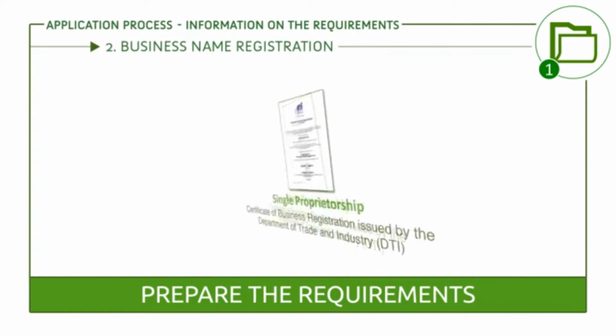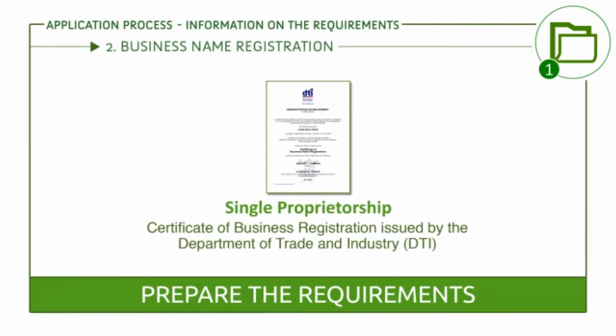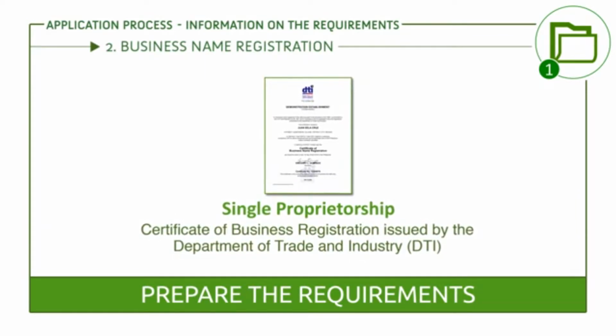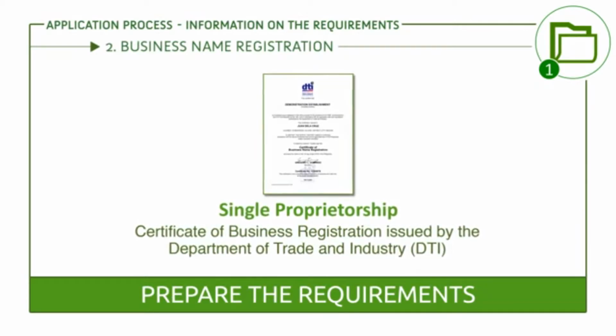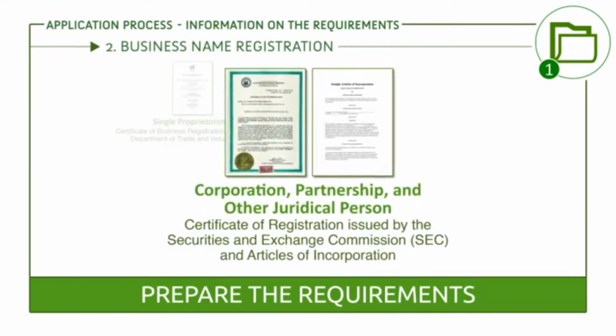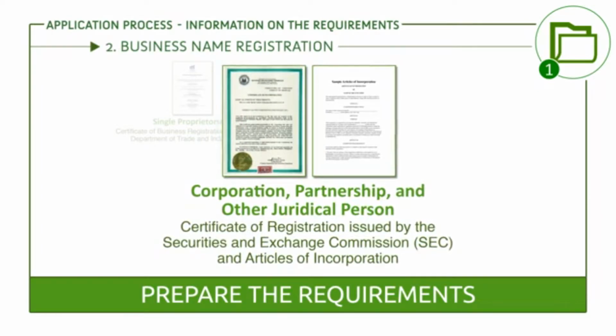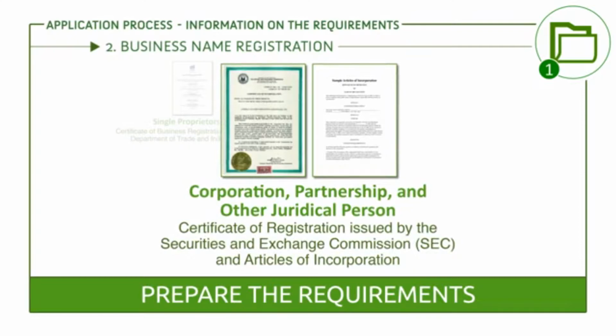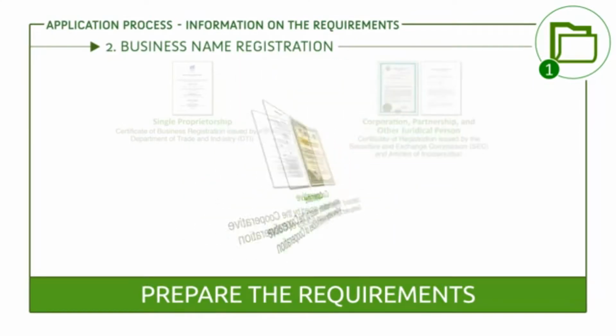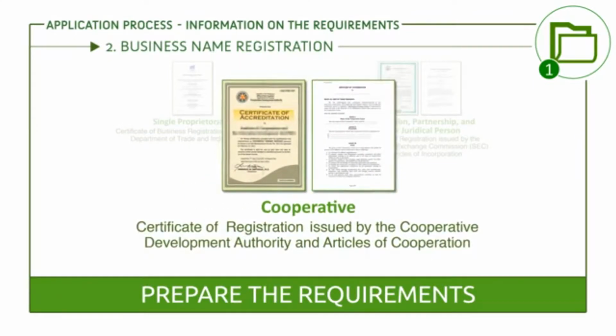Business name registration. For single proprietorship, certificate of business registration issued by the Department of Trade and Industry, DTI. For corporation, partnership and other juridical person, certificate of registration issued by the Securities and Exchange Commission, SEC, and articles of incorporation.